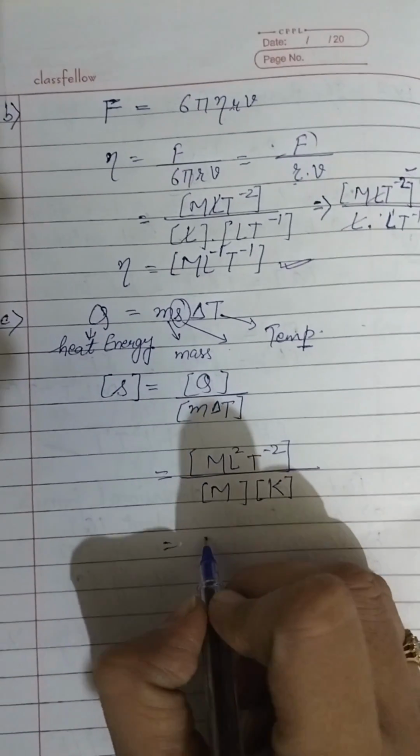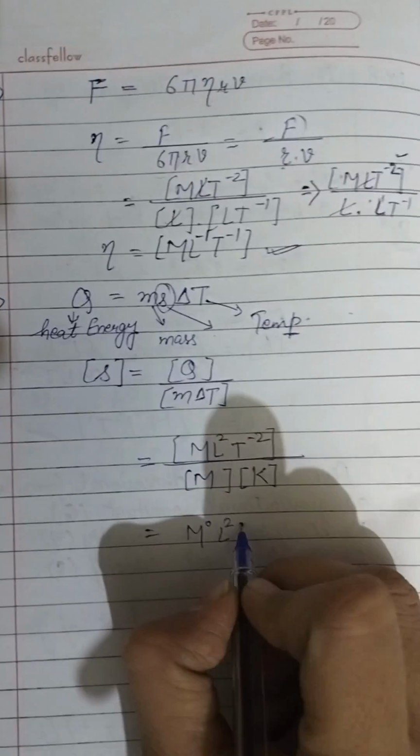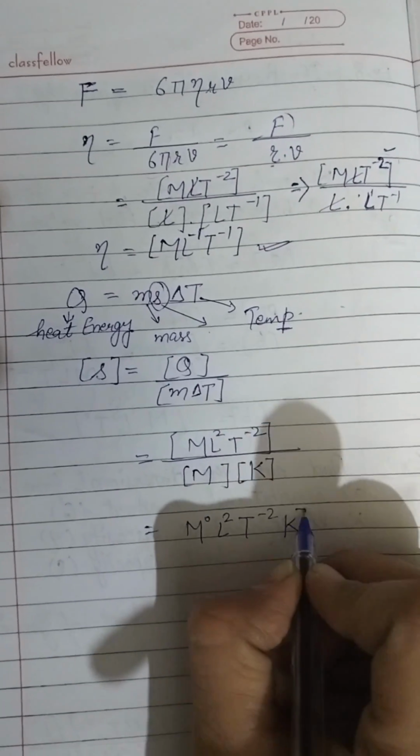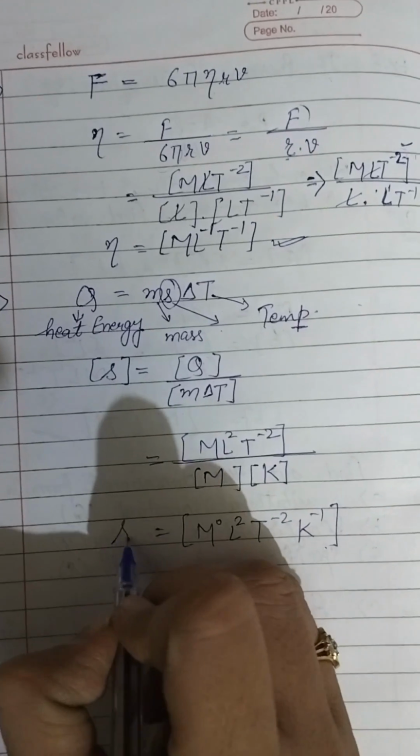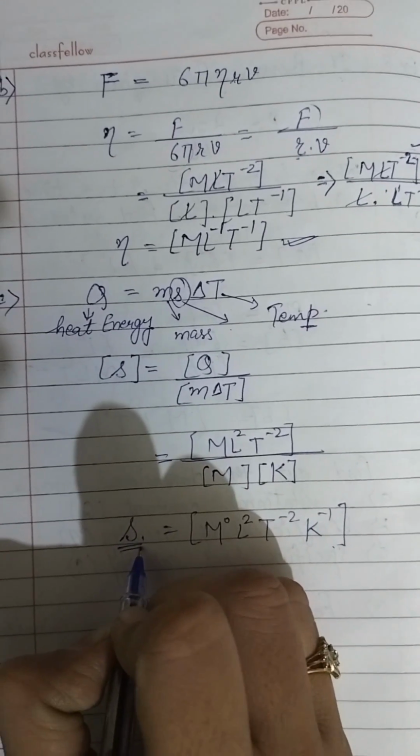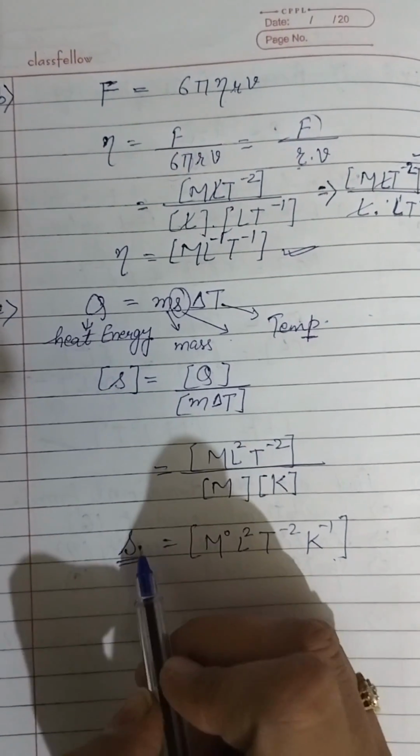So the formula we get is M naught L2 T minus 2 K minus 1. This is the dimensional formula for the specific heat capacity.